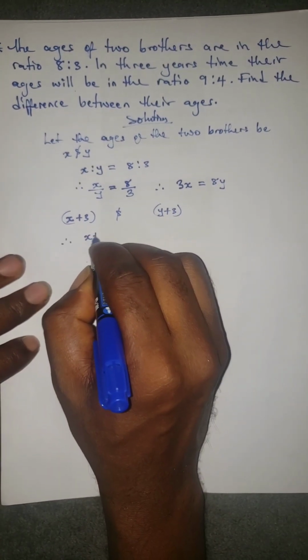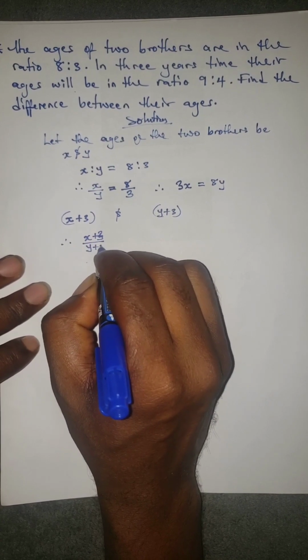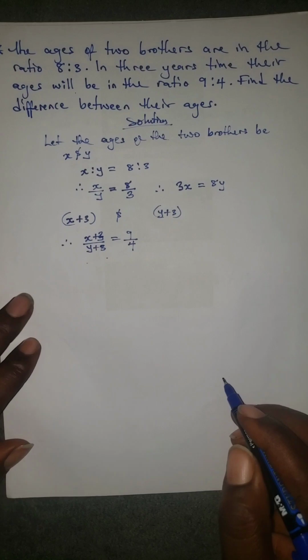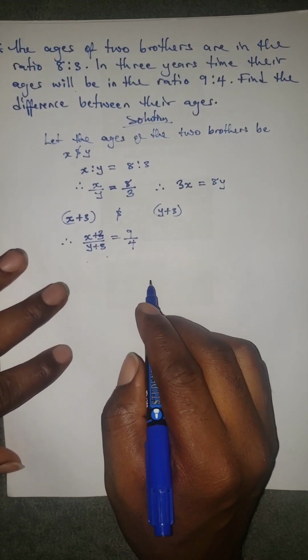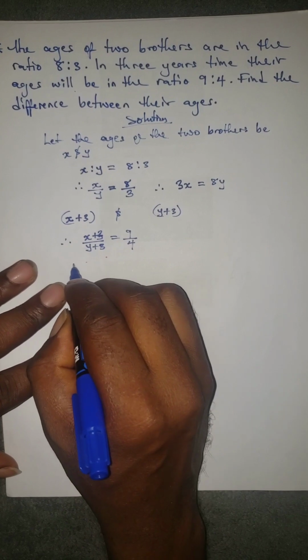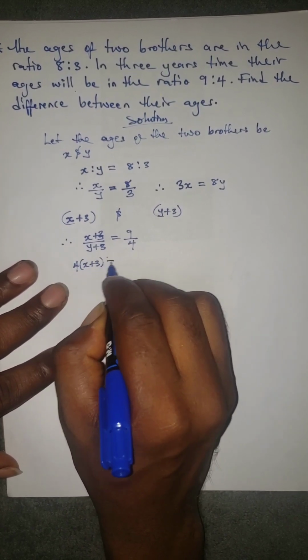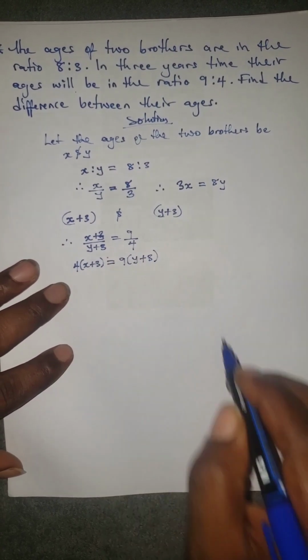Therefore, x plus 3 over y plus 3 will give us 9:4. So with that, now we can cross multiply. That will give us 4 into x plus 3 equal to 9 into y plus 3.